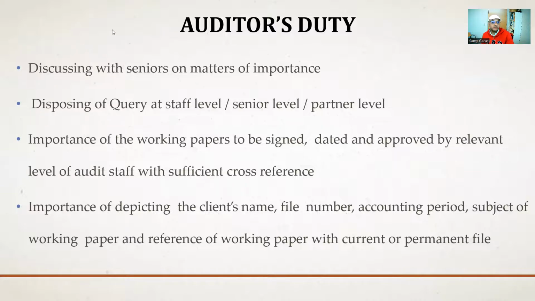It is important for the working paper to be signed, dated, and approved by the relevant level of audit staff, and to depict the client name, the file number, and the accounting period. Make sure that the audit documentation is clear, reviewed, and reserved by the audit lead for future investigation.